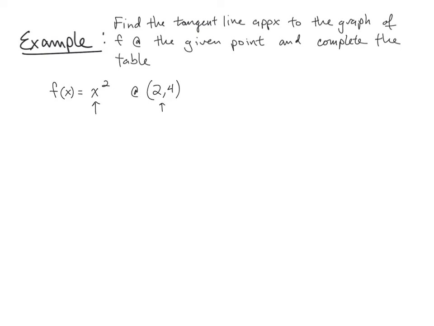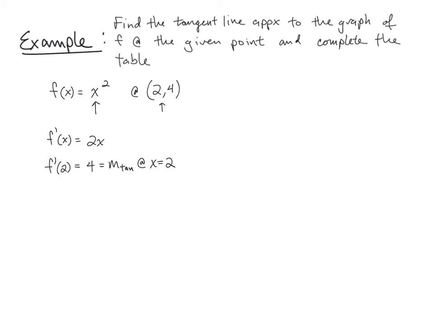So all we have to do here is first find the tangent line for this function at this point. So all we have to do then is find the derivative, substitute 2 in for the derivative. 2 times 2 is 4. And this is the slope of the tangent line at x equals 2.